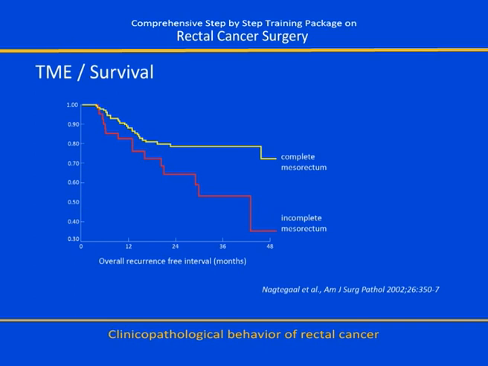And there again, dramatic difference between a visibly incomplete mesorectum and a complete mesorectum, a perfect TME result as judged simply by looking at the specimen. And it's encouraging to know that the Germans have introduced visual analysis as an important part of data collection in Germany.